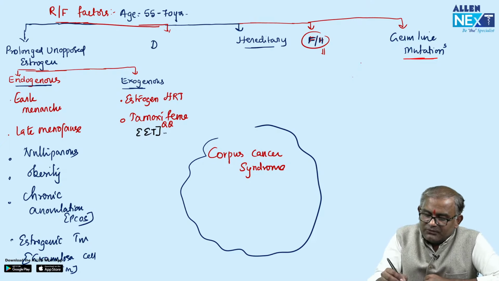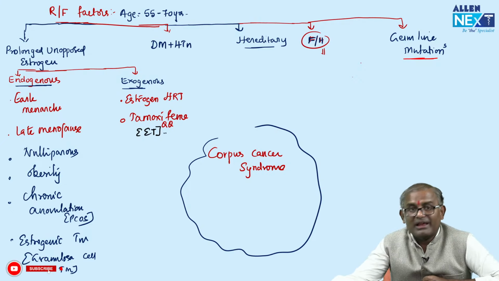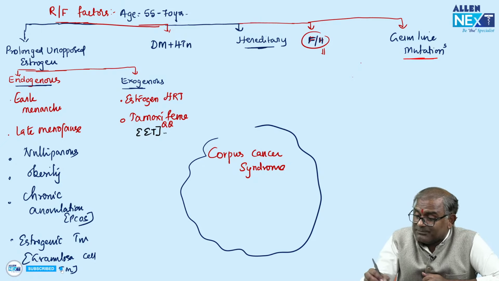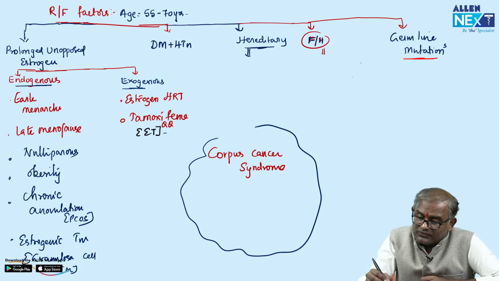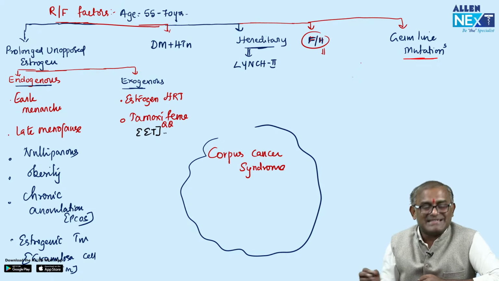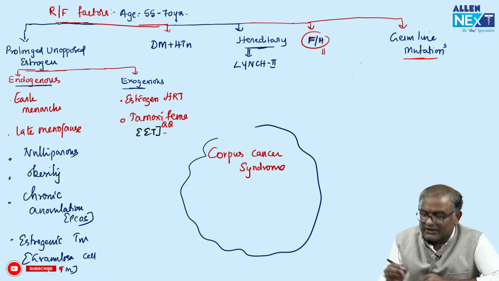Now, if there is diabetes plus hypertension, once again risk factor. Hereditary: if there is Lynch 2, nothing but HNPCC2, definitely it's a risk factor for endometrial CA.